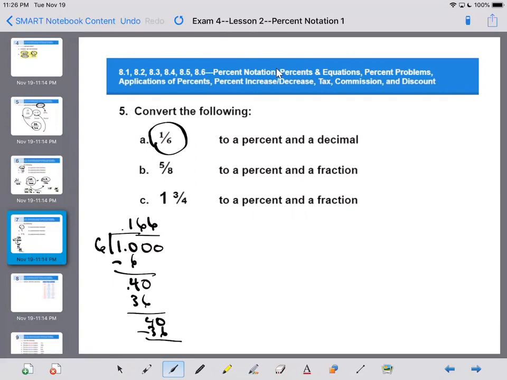So even if you type in 1 divided by 6 on your calculator, you're going to get 16 hundredths with the 6 hundredths repeating. So how do we write that? Well, basically we see this over and over and over. So this 6 would round this up to approximately 17 hundredths, which would be 17%.